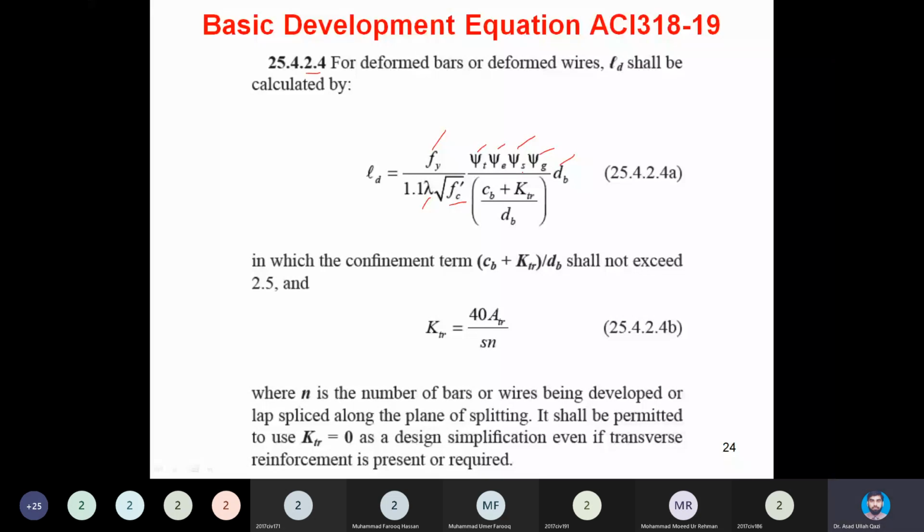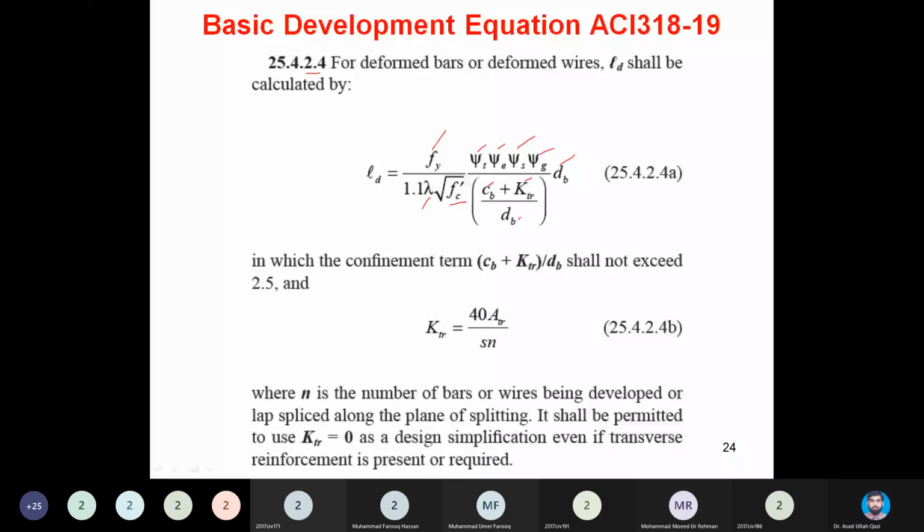And in addition, you will find that in the denominator there is one term present in square brackets which has one factor CB plus KTR divided by dia of bar.